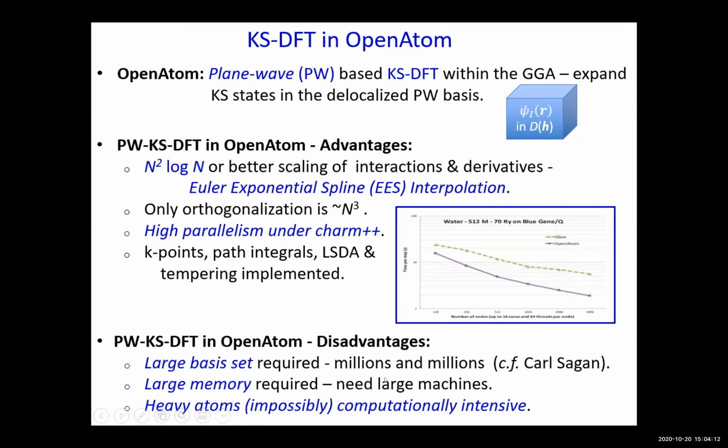And if I have atoms with cores around them, say iron or nickel or copper, you need an intractable number of basis functions. So what we've used the code for very successfully is first row, second row elements that don't have giant cores. So if we want to move on and study more metallic and complex systems, we need to do better.